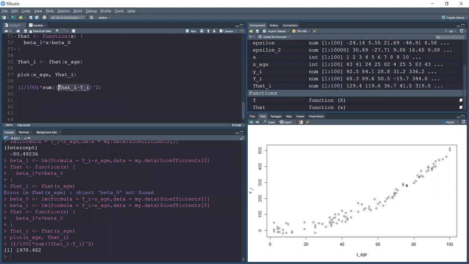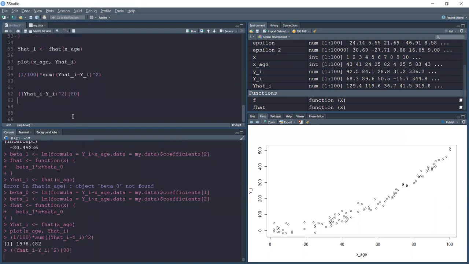You could see this for a specific observation. Let's say you want to see the square error, not the mean square error, for the 80th observation. All you do is this, square brackets and 80.